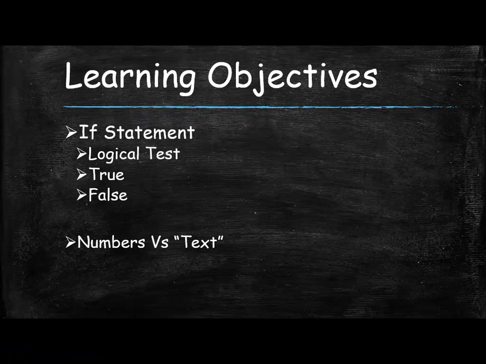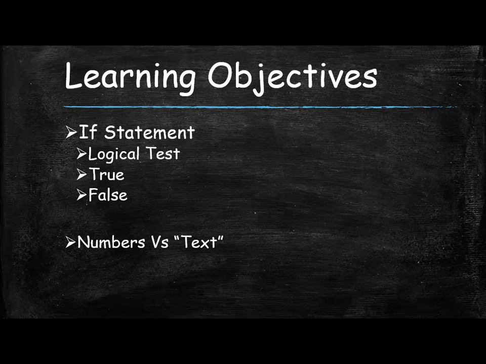So in this video we did the if statement again. We used our logical test, our true and our false, but with this one we twisted it up a little bit in that we looked at text versus numbers in our logical test. When we had equal yes, it didn't work for us because mathematically that's incorrect.